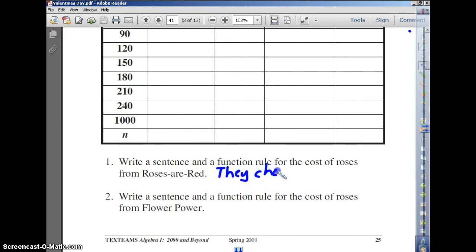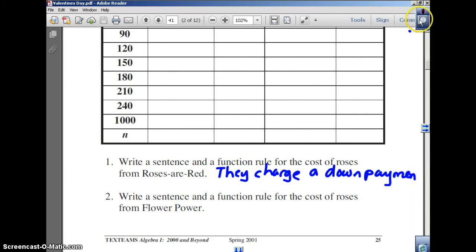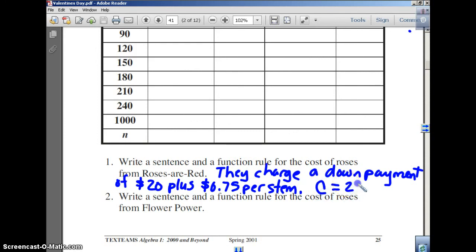They charge a down payment of $20 plus what? 75 cents per stem. They also want you to write the function rule. So we're going to say cost equals what? 20 plus what comes next?